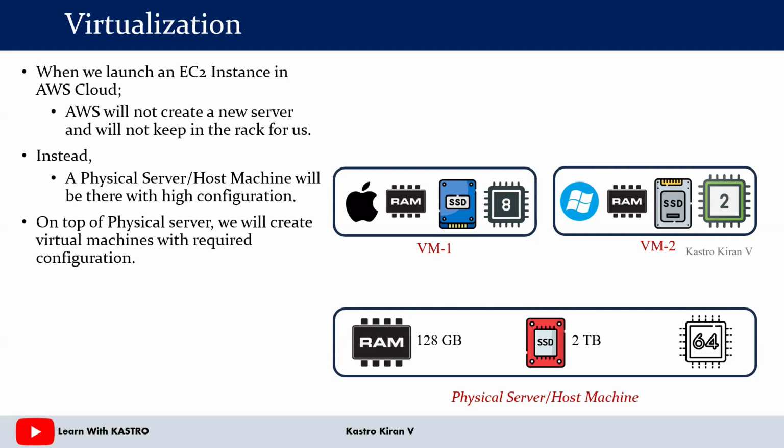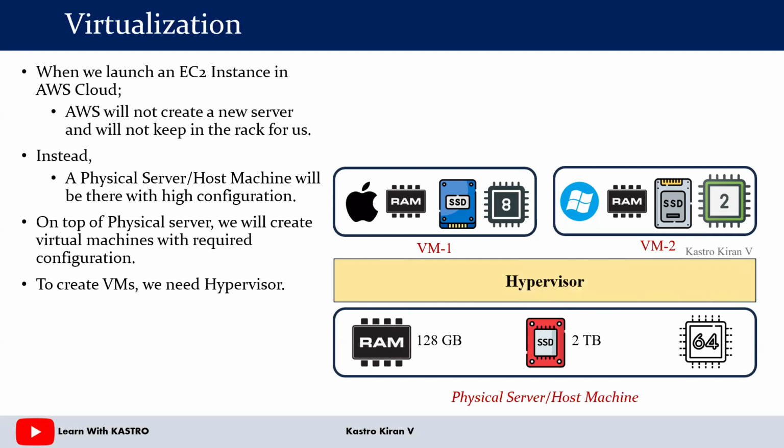Now, in order to create the virtual machines on top of the host machine, we know that we need a software which is known as hypervisor software. But are we going to install the hypervisor software on the host machine? No, AWS will take care of the hypervisor software.